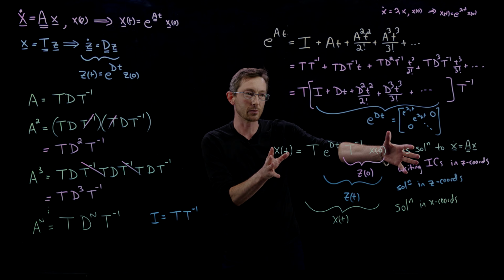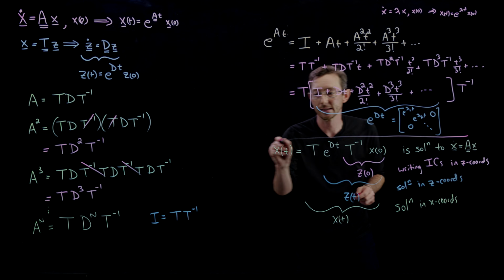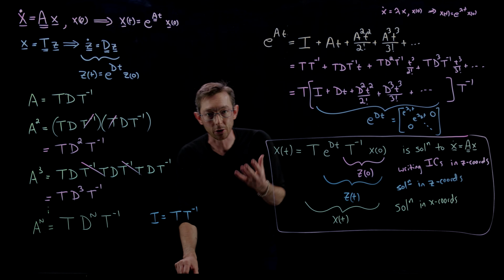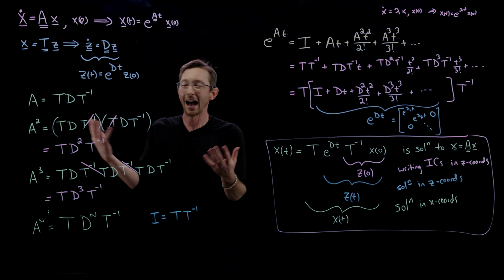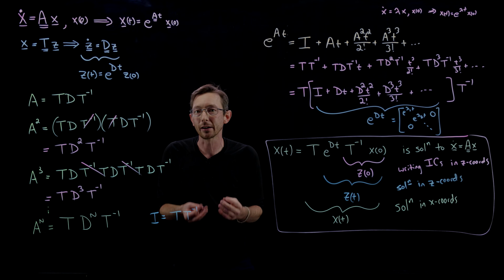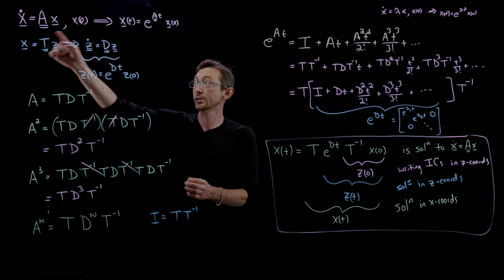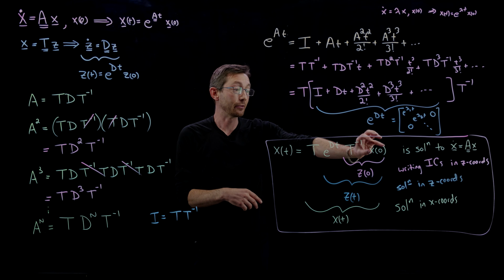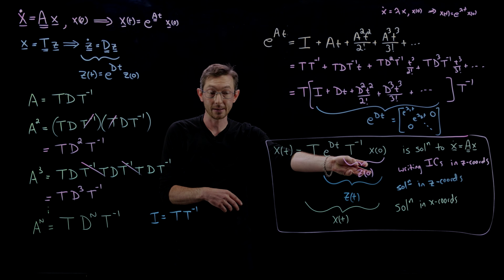For me, this is one of my favorite pictures in differential equations: this solution and its real physical interpretation. These matrices T and D are not magic. Eigenvalues and eigenvectors don't come out of nowhere. They are very simple and intuitive matrices that are useful for solving systems of differential equations. The T inverse matrix maps me from x coordinates into z coordinates, my initial condition x naught into z naught.